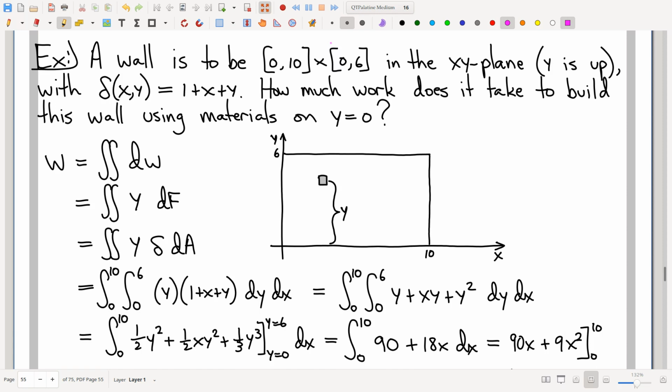So this word density can mean different things in different contexts, right? Sometimes it's thought of as being mass per unit volume, but in general, it's stuff per unit size. And just to avoid having to deal with gravitational acceleration, let's just say it's given in pounds. Is that cool? Is that satisfying? Yeah. Cool.